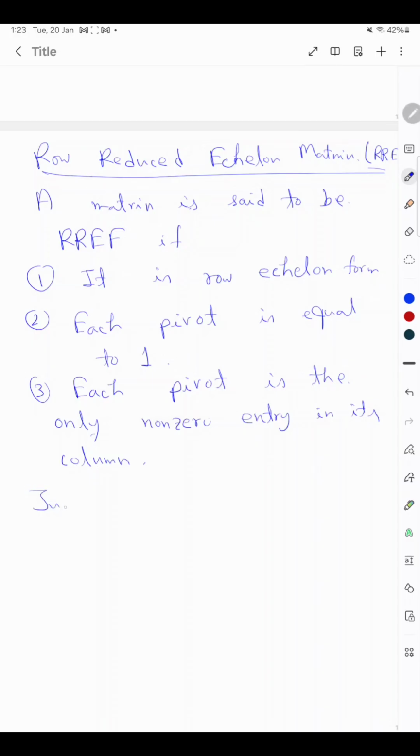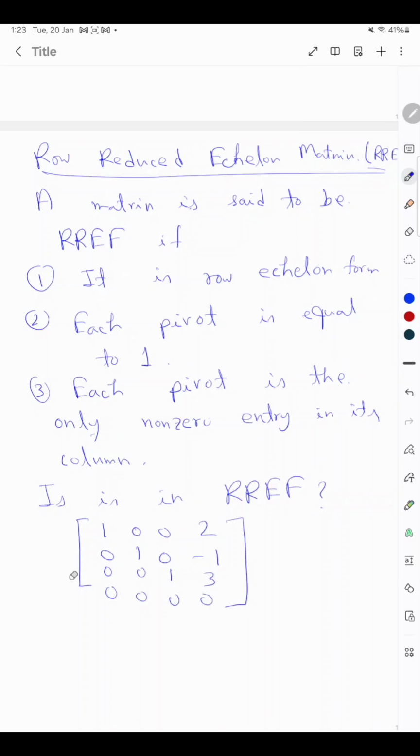Okay, just tell me, is it in RREF? 1 0 0 2, 0 1 0 minus 1, 0 0 1 3, 0 0 0 0.